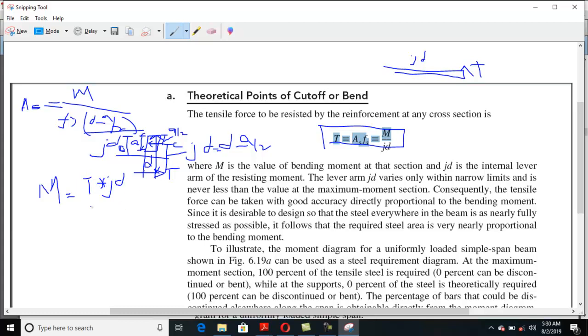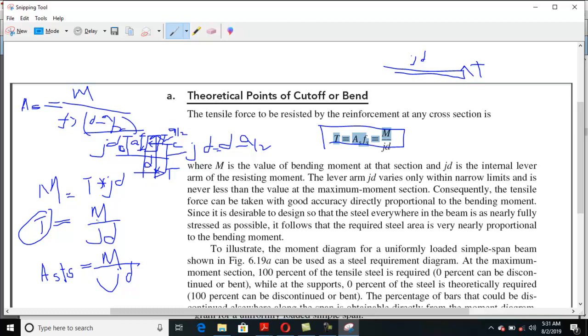From this you can say that T equals moment divided by jd. Further, we know that T equals As into Fs, which equals moment divided by jd. This is the basic equation.